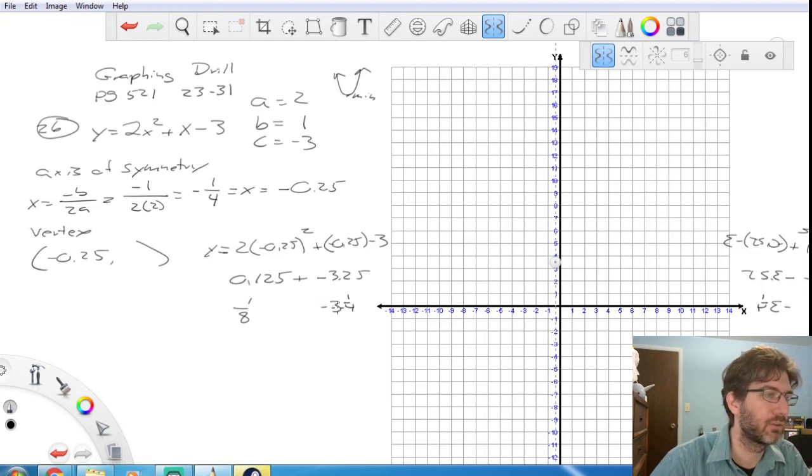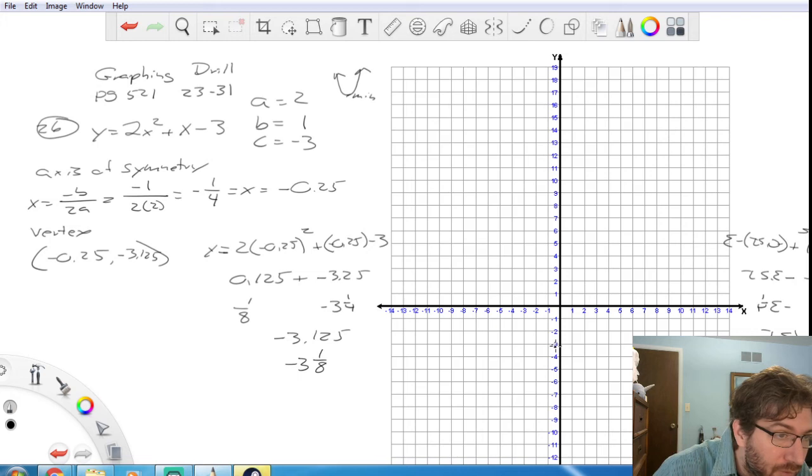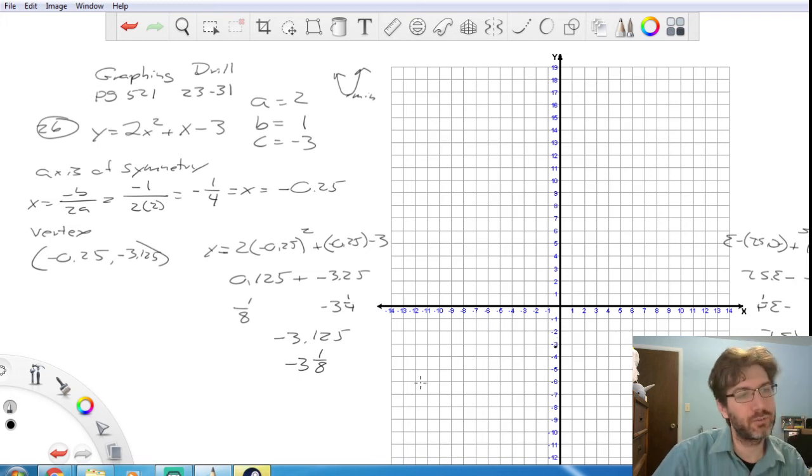We're getting negative 3.125, which is negative 3 1/8 if you do the fractions. 1/8 is going to be tough to get in on here. 3 1/8, let's say, is about here. Not the greatest, but close enough for what we're doing.